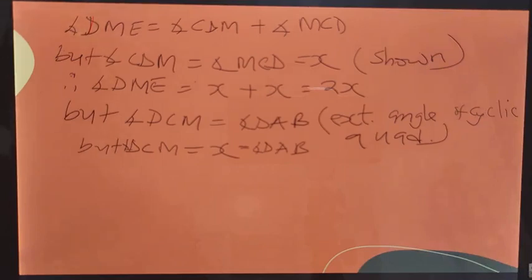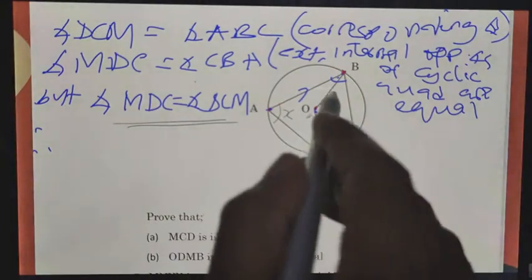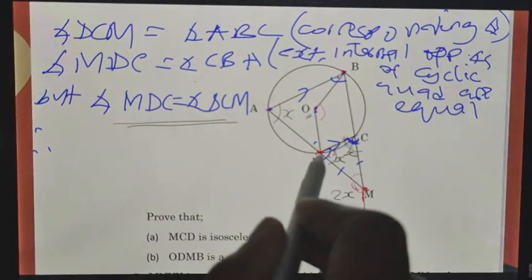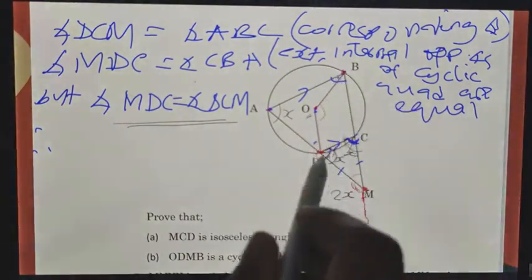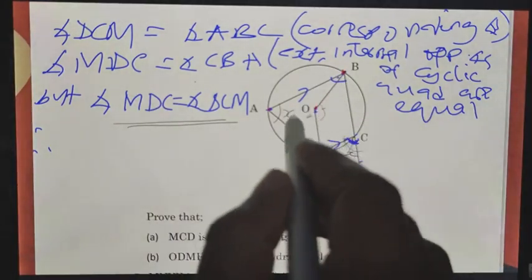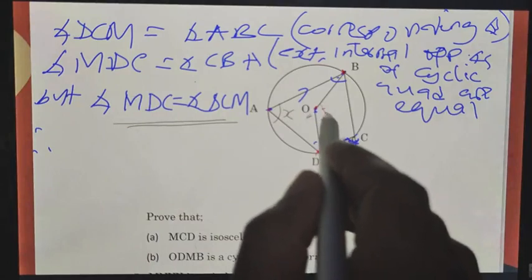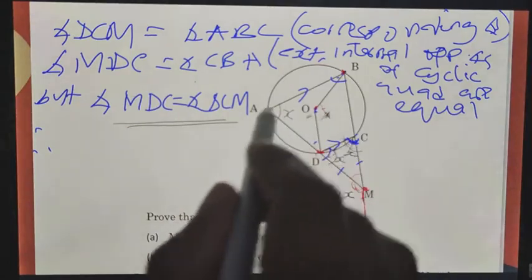If you look at this one now, it is touching there, it is touching there, it has that arc. So we use the angle at the center theorem: this angle is twice the angle at the circumference.